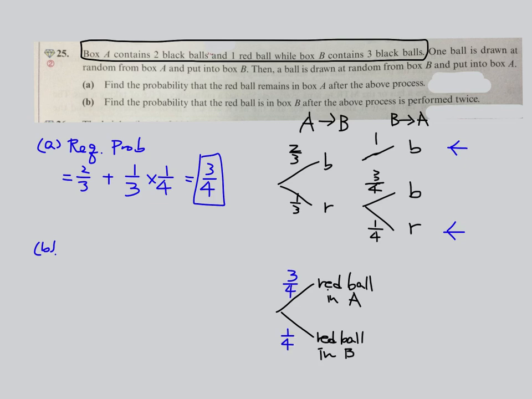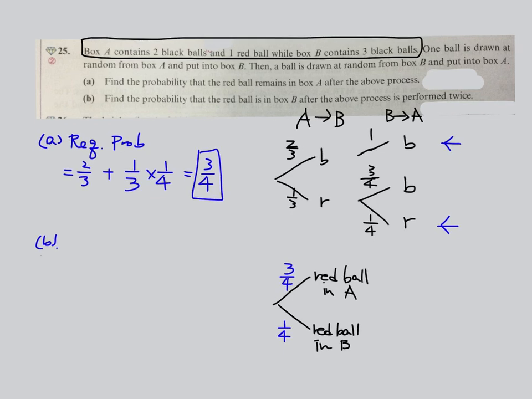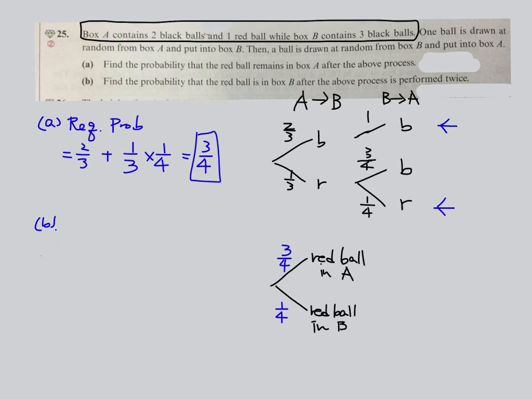If the red ball is in B, let's see what the situation is. It is, what box A contains and what box B contains. The red is here. Since we didn't change the total number of balls, 2 black, 1 red here, while A has 3 balls, they are all black.